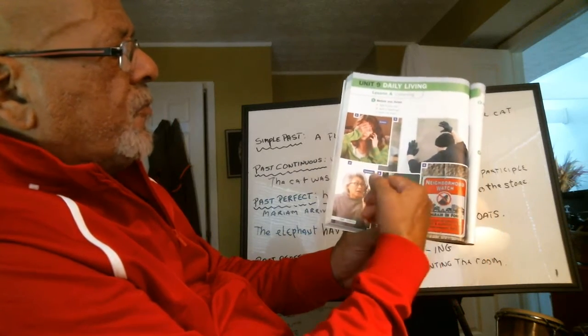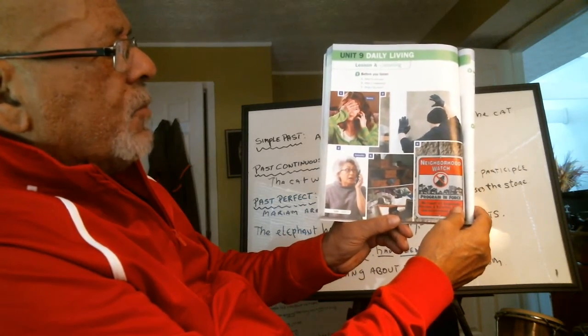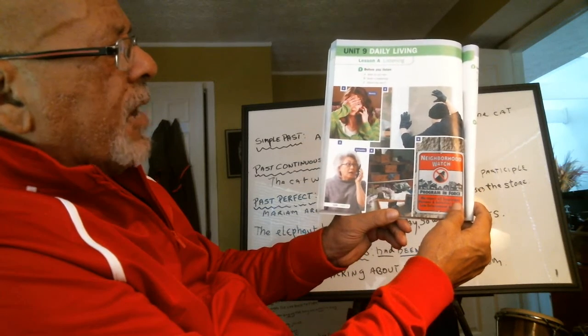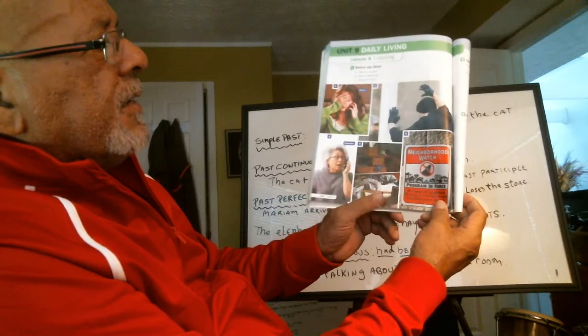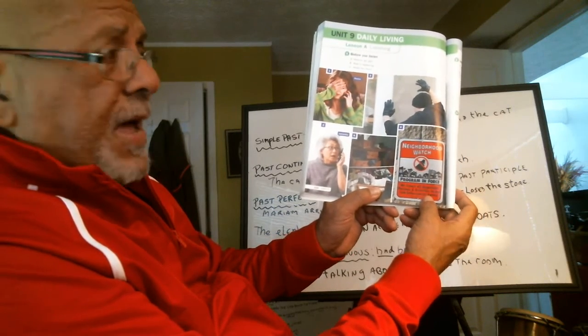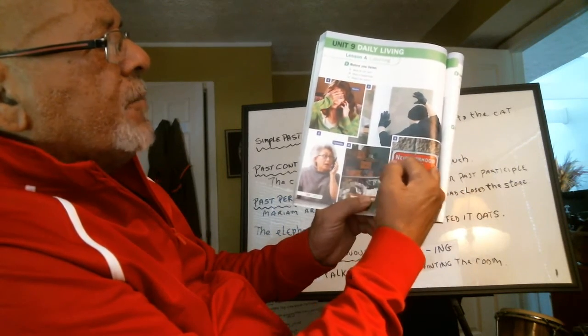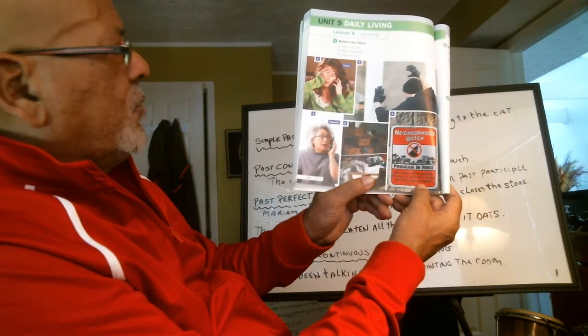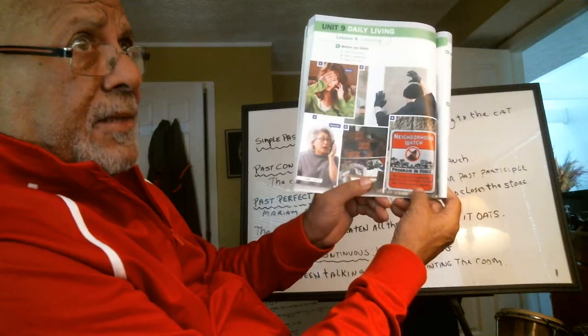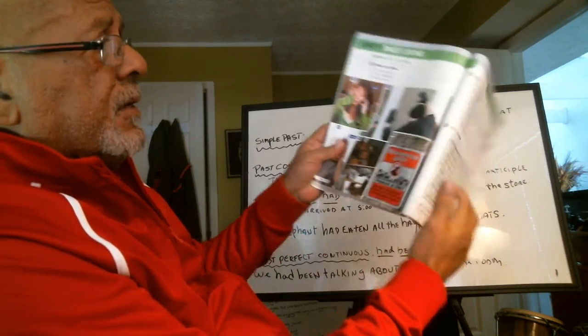Then in picture number 4, yep, somebody robbed. The drawers are opened up, stuff is thrown on the floor. And in picture number 5, there's a neighborhood watch warning sign. So definitely they're talking about a break-in.